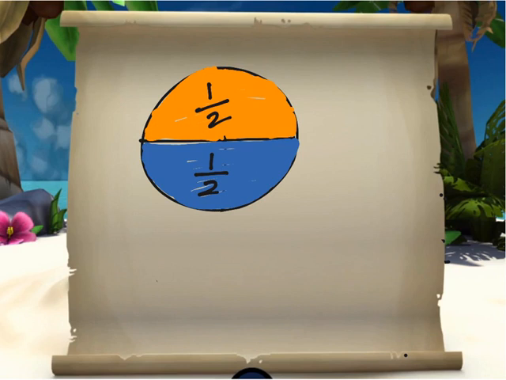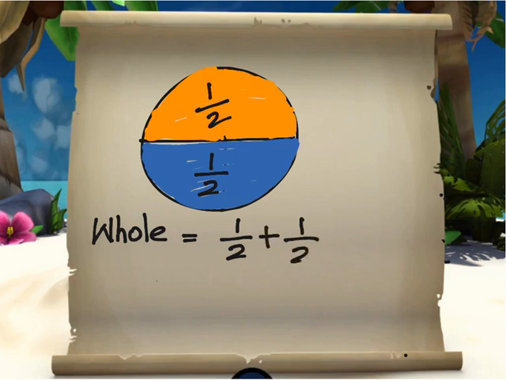Now let's find the whole circle. So there is a yellow 1 by 2, yellow half, and there is also another blue half. Let's add both the halves. 1 by 2. When we add two fractions that have the same denominator, let's write the denominator as such.